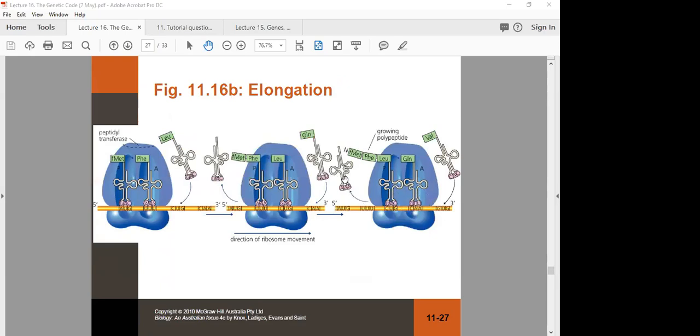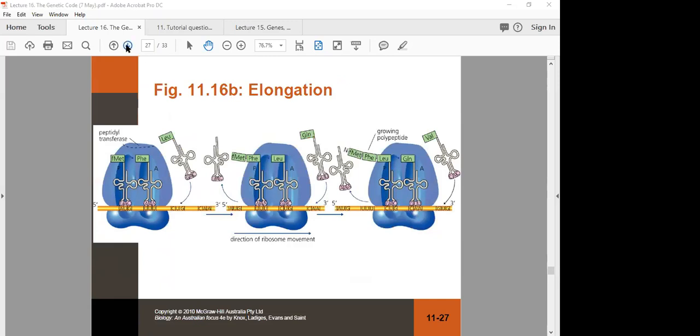There's the transfer RNA that's leaving, the AAA anticodon, and now the ribosome moves over again in this direction, so that this transfer RNA carrying the 3 amino acids is now in the P site, and so on. And this continues with the ribosome moving in the 5' to 3' direction along the messenger RNA.